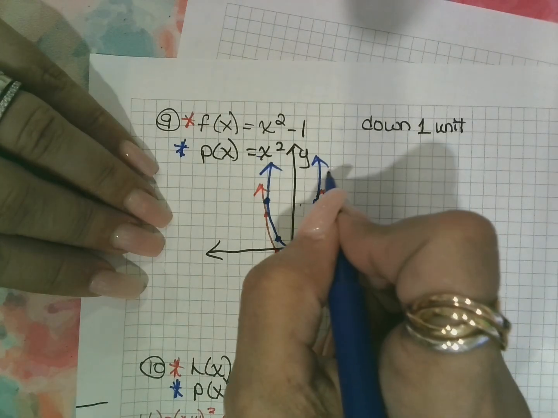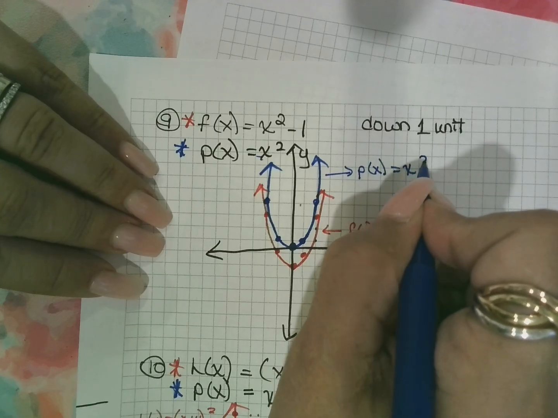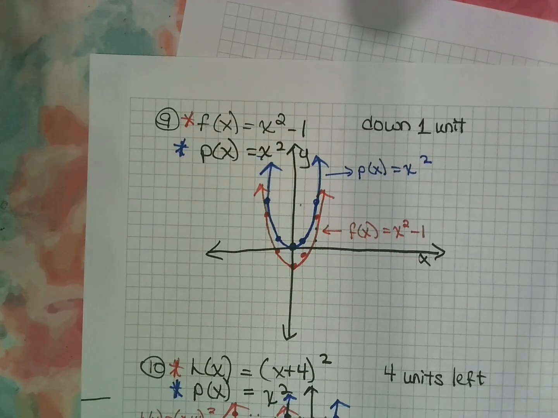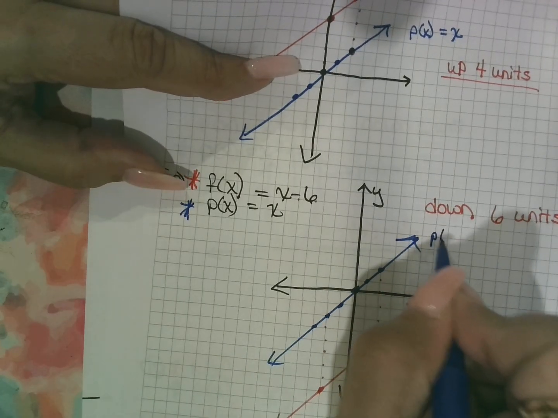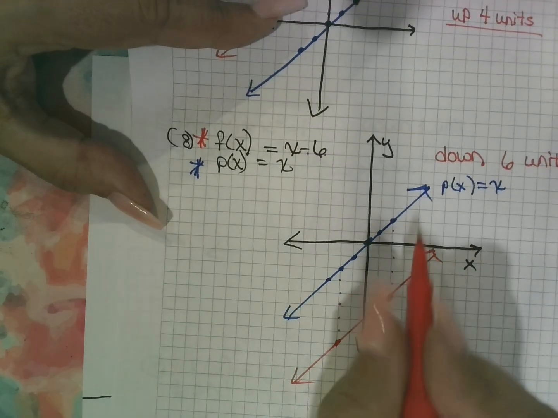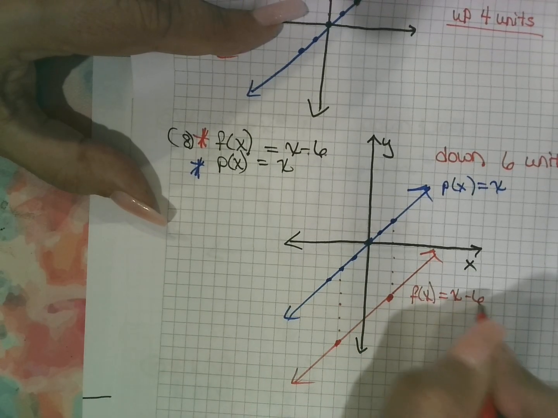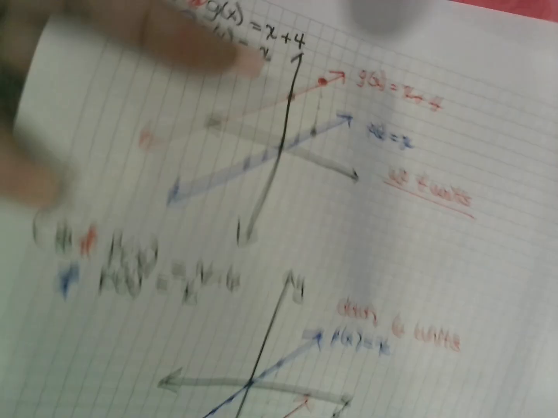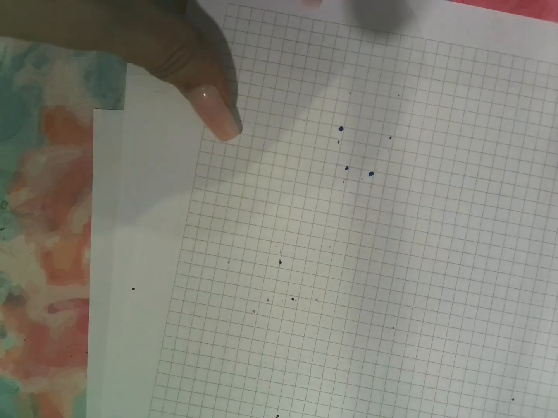And the blue one is p of x equals x squared. Okay, and I believe I did it for the first one. Okay, so that's number 10.